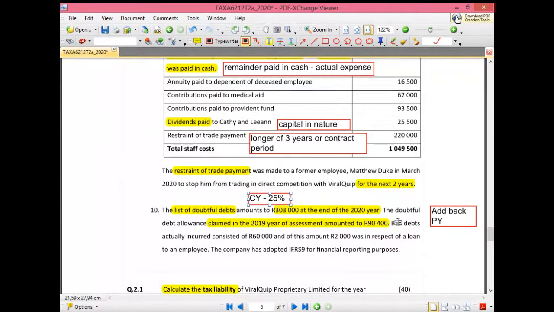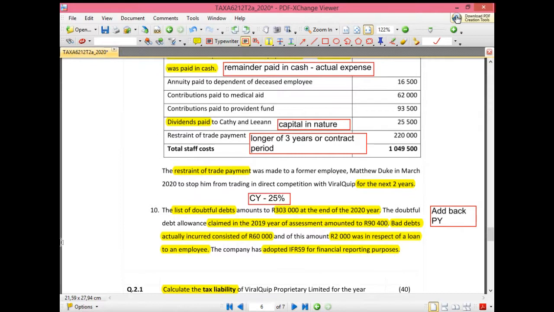And then they tell you bad debts actually incurred consisted of 60,000, and of this 2,000 was in respect of a loan to an employee. Okay, and the company adopted IFRS 9 for the financial reporting period.